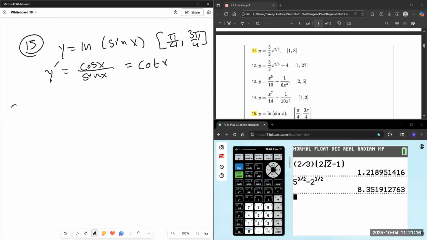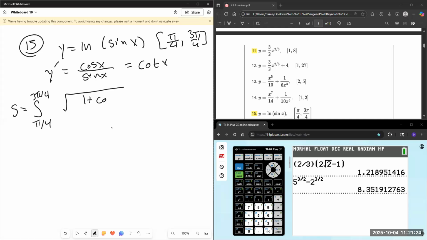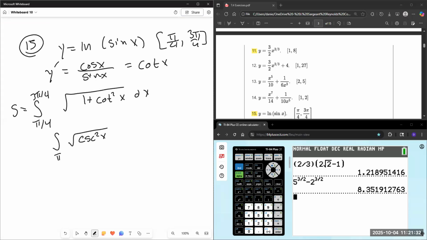So s is equal to the integral from pi over 4 to 3 pi over 4 of the square root of 1 plus cotangent squared x dx. 1 plus cotangent squared is the same as cosecant squared, using a Pythagorean identity. And then that square root and that squared will make each other go away.